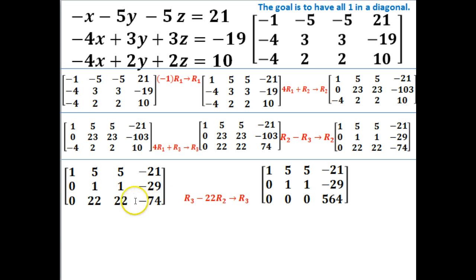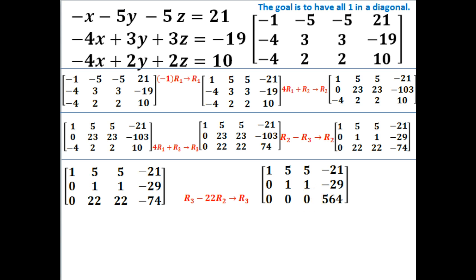We just took this one here, subtracted 22 times this one, and ended up with 564. Okay, well now we've got our 3 zeros here. This one we wanted to be a 1. It did not end up being a 1, which is going to change our answer. If this one were a 1, then we'd know that z equaled 564. The problem is that this is not a 1.